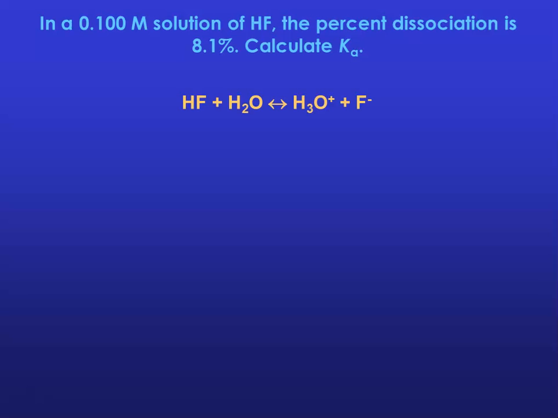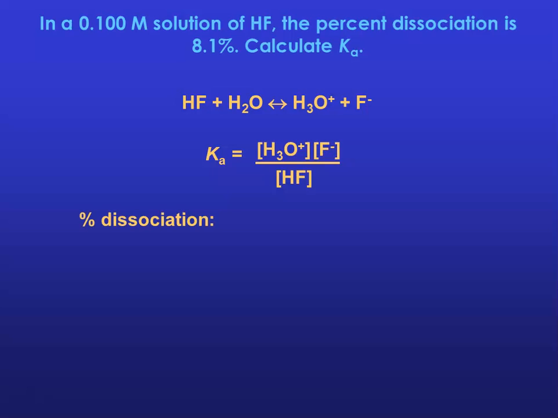We still have a weak acid, and if we place it in water, we're going to produce hydrogen ions and fluoride ions. We have our equilibrium expression, so we want to find what the equilibrium concentrations are of our two products and the one reactant that we include.